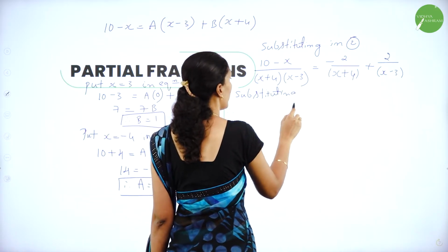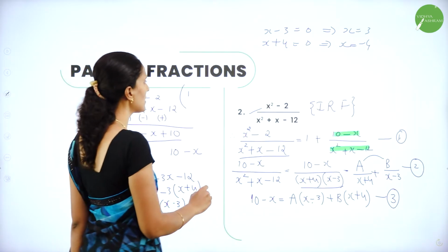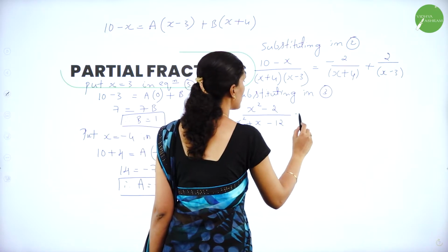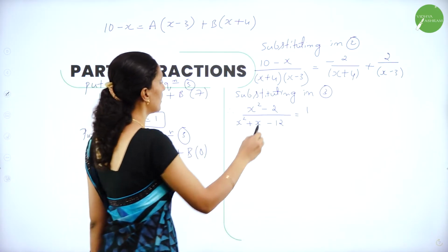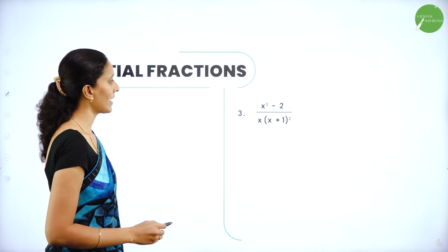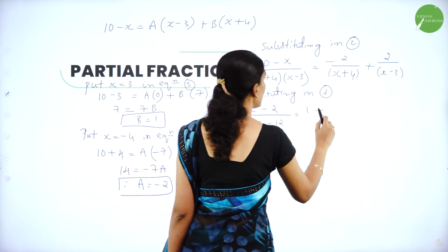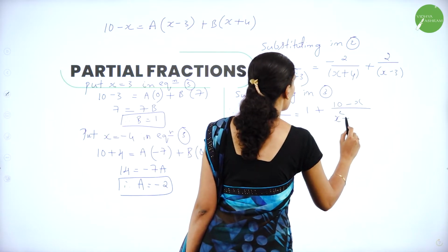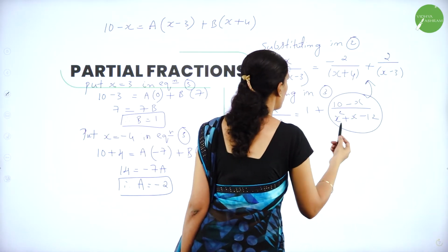Substituting in 3. So the question was (x square plus x minus 12). So this is equal to 1 plus (10 minus x) by (x square plus x minus 12). Now this one we have resolved here. Substitute them back.